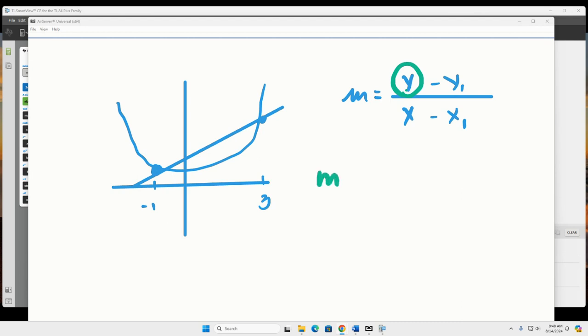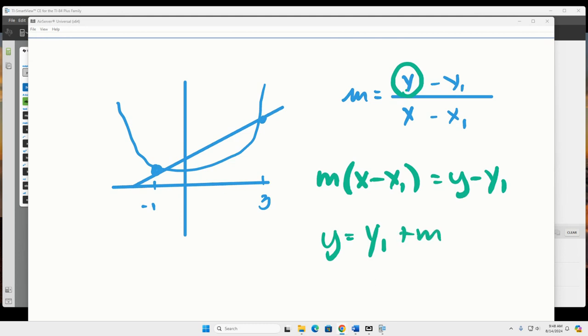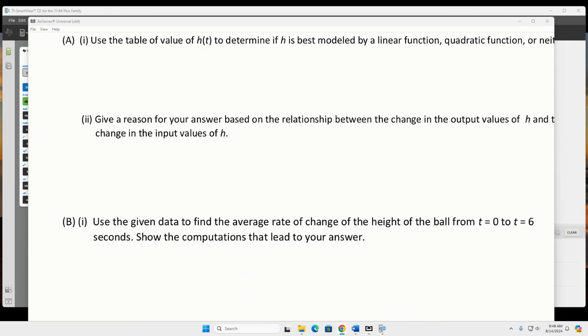Good. All right, then what would you do? Yes, sorry. So y is going to be equal to y1 plus m times x minus x1. Right? That gives you the equation of that line. All right? So that's what we're going to fill in that blank.